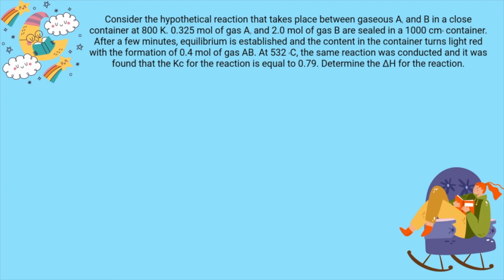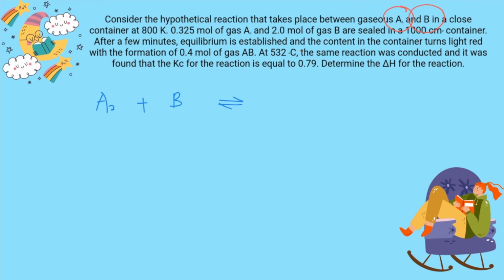So the same drill as the previous question, the first thing that you need to do is you need to know how to write a balance equation for this type of reaction. So if you look closely in the question, this reaction is being carried out between two different type of gases, which is A2 and also B. So it means that when you write the chemical equation, you need to write A2 plus B, and then what is your product.